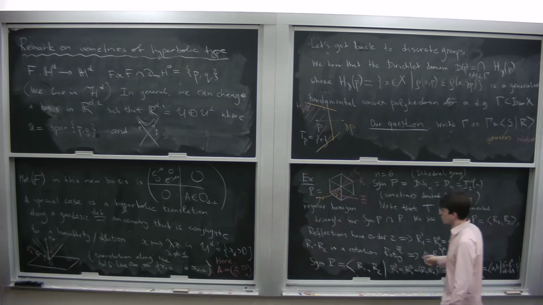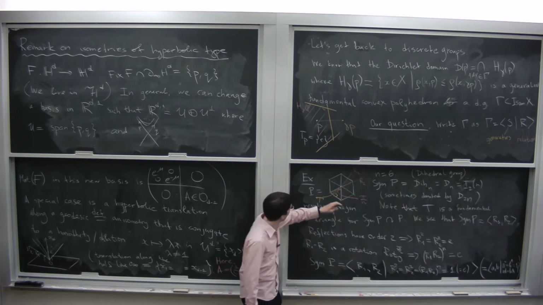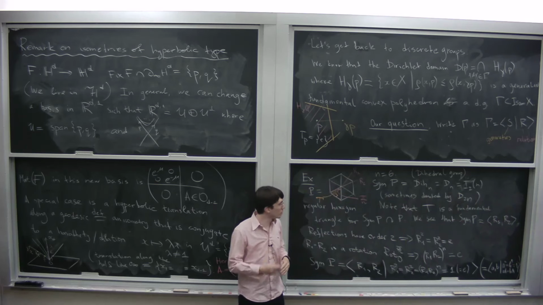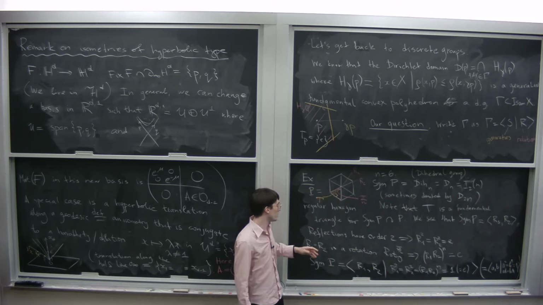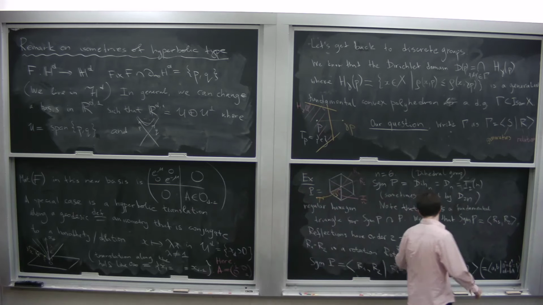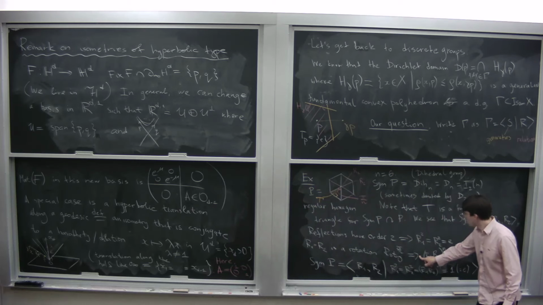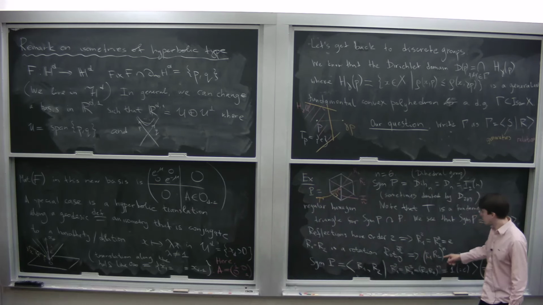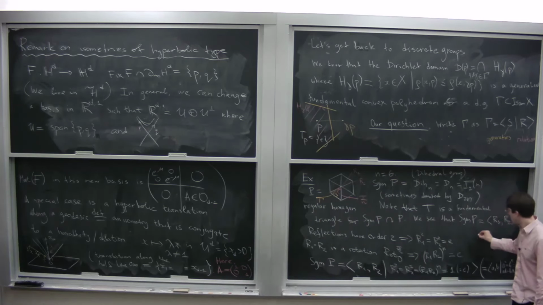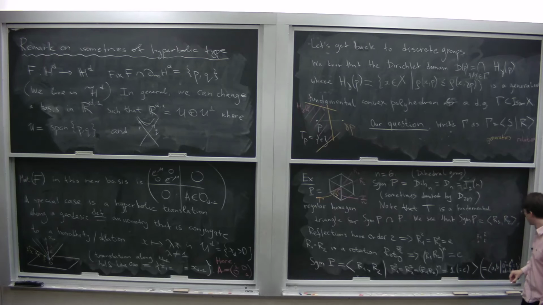Let us think. It's obviously a reflection and a rotation, right? So if I compose R1 with R1 R2, okay, this is my A, this is B, and this is just R2.